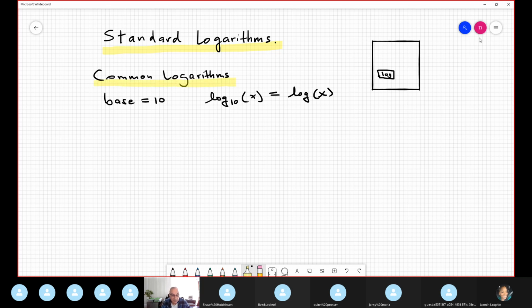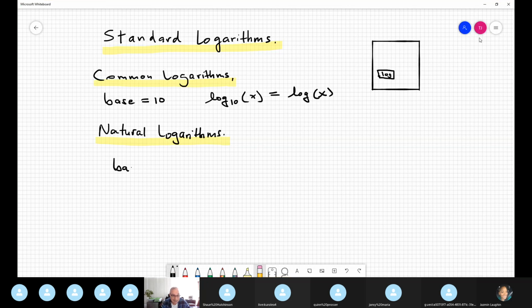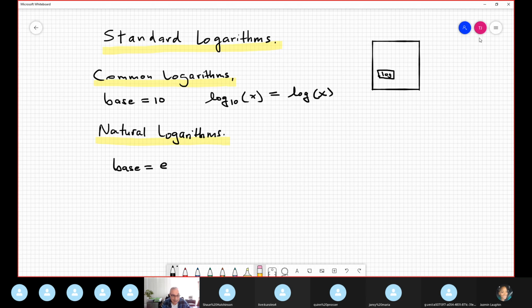We have another kind of logarithm that is called natural logarithm. Natural is another kind where the base is equal to e.